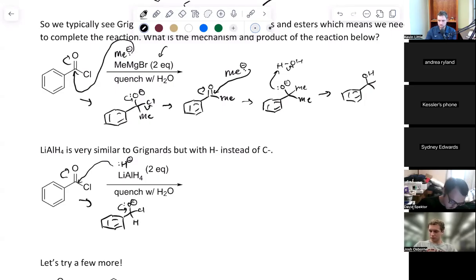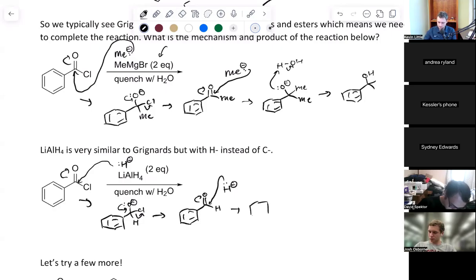It wants to reform. Can it? Yes. There's a leaving group. Now I've got this carbonyl and a hydrogen on it. I've formed an aldehyde. When the next hydride comes, I have a second equivalent of hydride. It adds in.